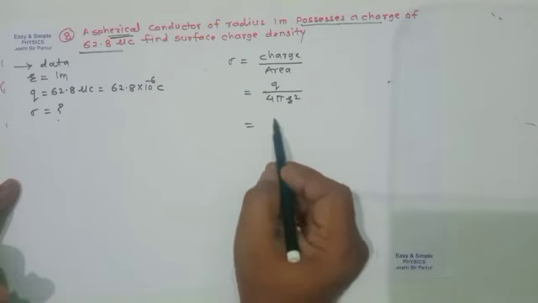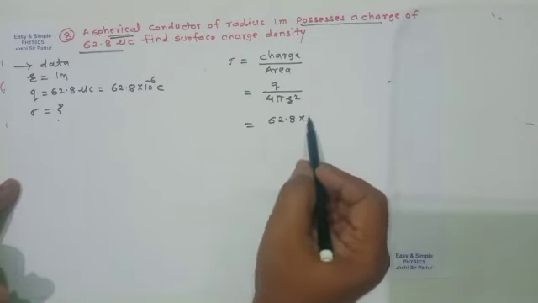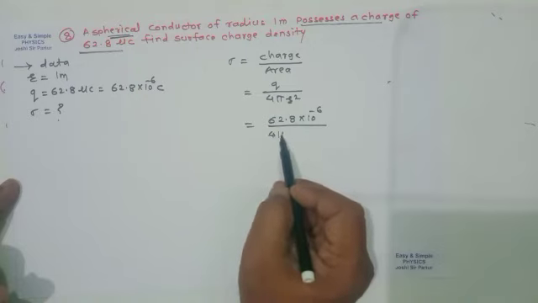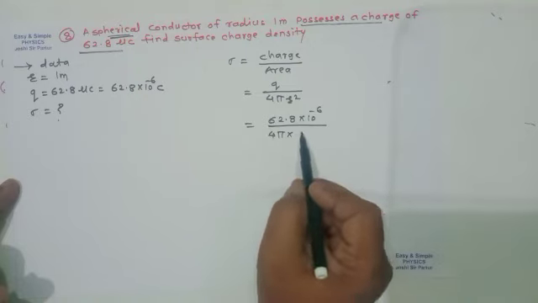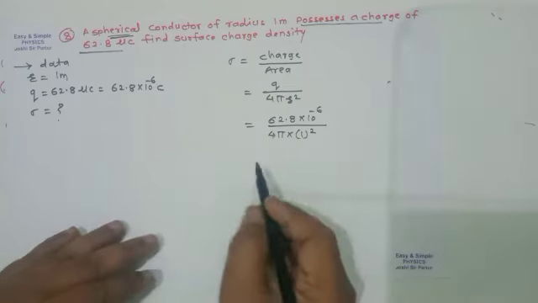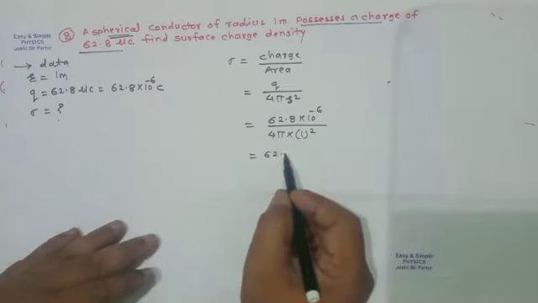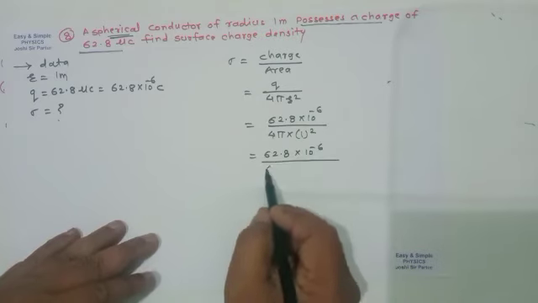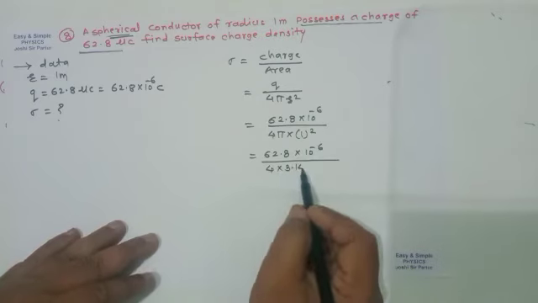So Q upon area, and the area for a spherical conductor is 4 pi r square. So here 62.8 into 10 raised to minus 6 divided by 4 pi into r square. It will be 62.8 into 10 raised to minus 6 divided by 4 into 3.142.